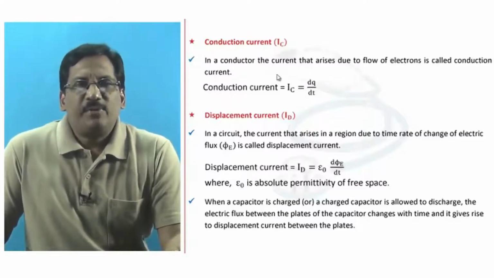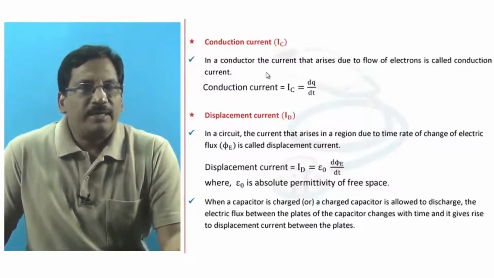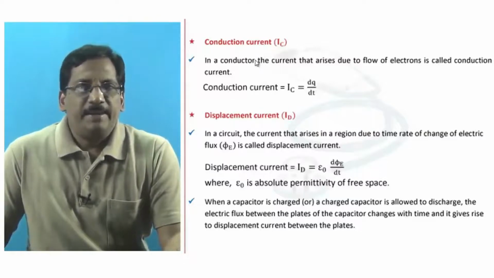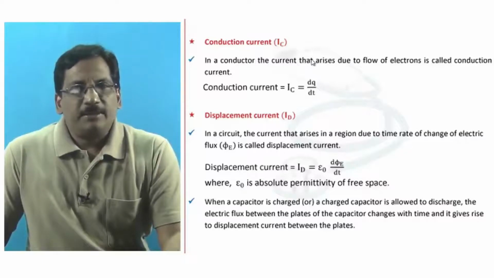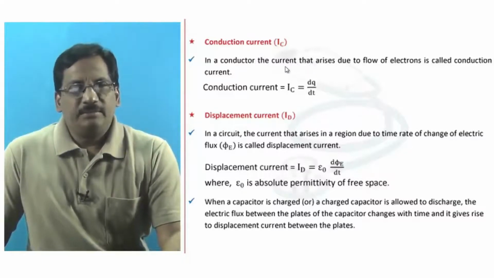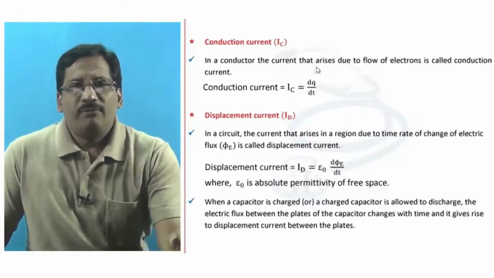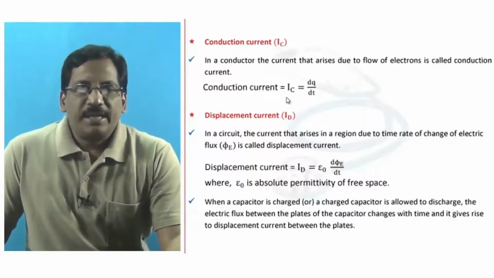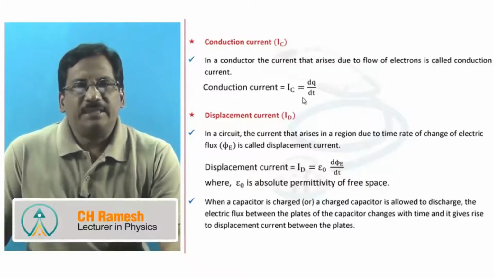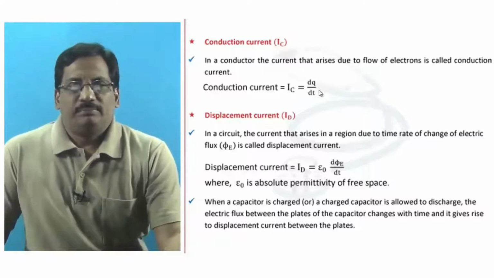We have studied much about this conduction current in all our conductors, in our current electricity, and in any other case earlier. The conduction current concept, we are well aware of this. It is due to flow of electrons in a conductor. So conduction current, denoted by I suffix c equal to rate of flow of charge, d by dt of q.